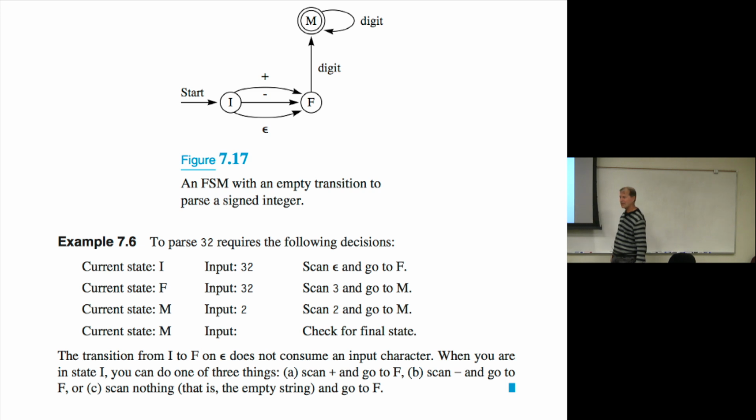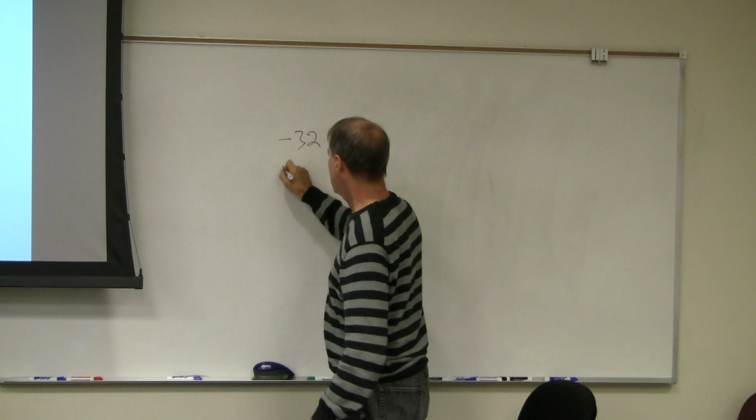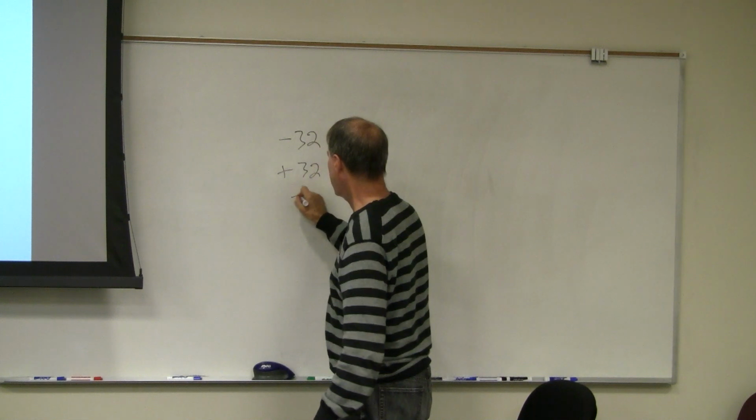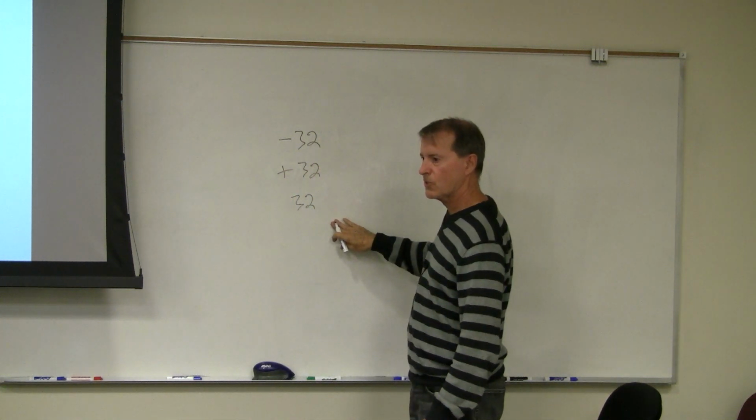In this particular example, transitions for hyphen and for plus seem irrelevant, but this machine will recognize hyphen 3, 2, plus 3, 2, and 3, 2. Each one of these is legal.